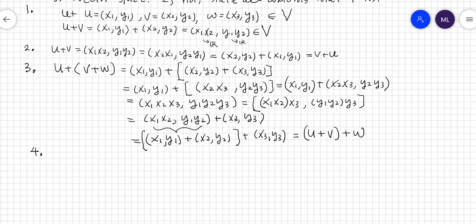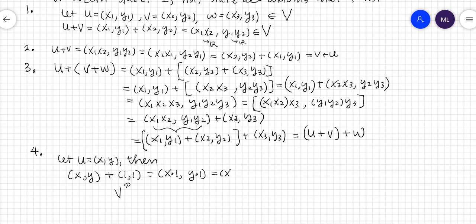Now let's go to axiom 4. Axiom 4 is the zero vector. What is a zero vector? Let u equal (x, y). I'd like to have an additive identity. So it's obvious that (x, y) plus (1, 1), which is an element of V, is (x times 1, y times 1), which is (x, y).